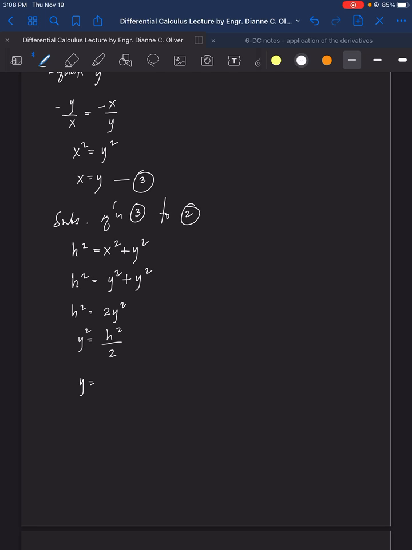Therefore, y is equal to h over square root of 2. And this is also equal to x.